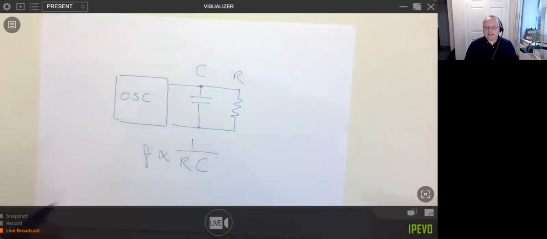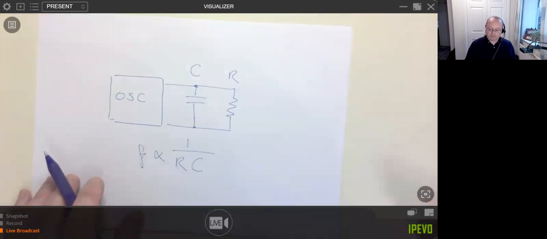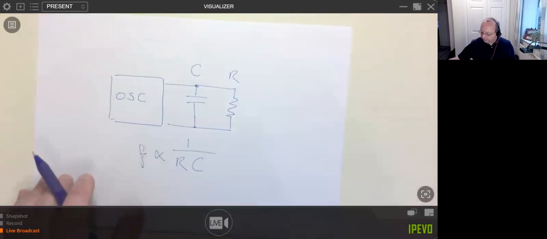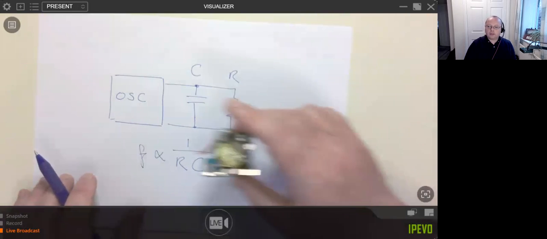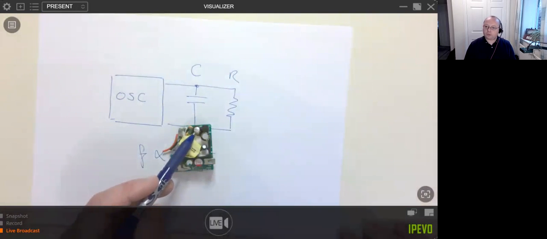So in a medical device I worked on at least 10 years ago, we had an RC circuit in there for some timing. And the issue with capacitors is you've got to think, how does it fail? Capacitors generally fail, like this one here, as a short circuit.